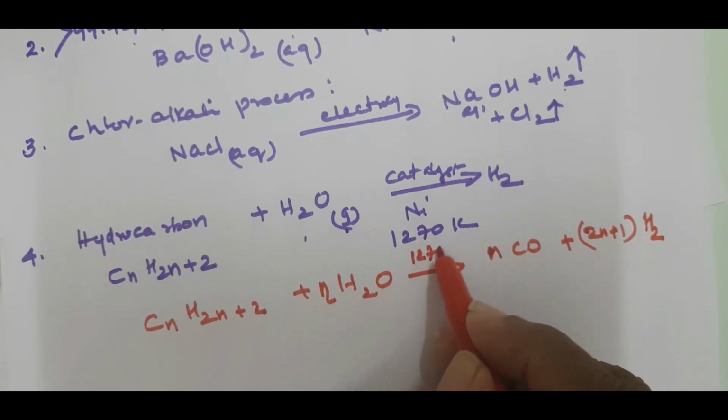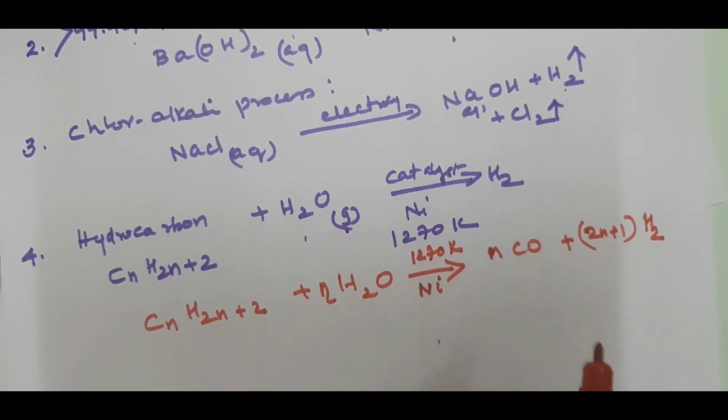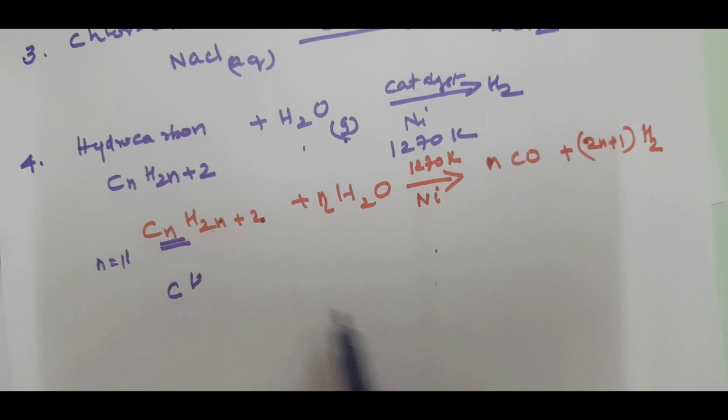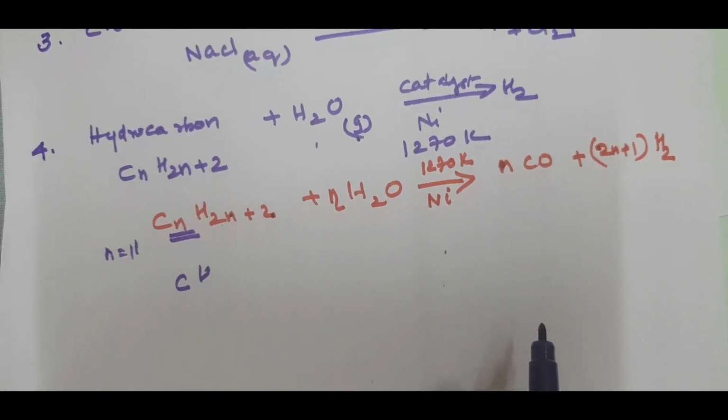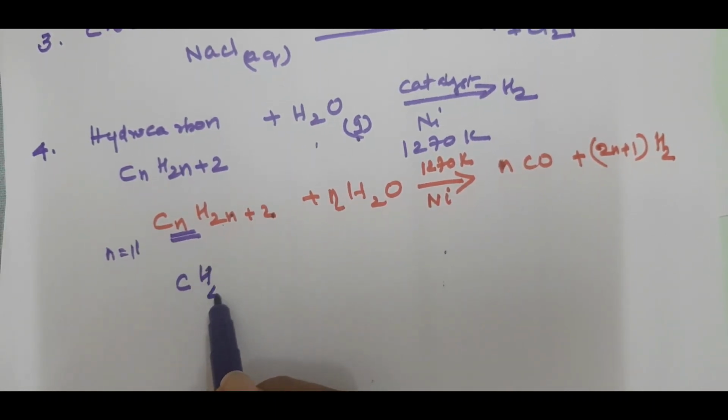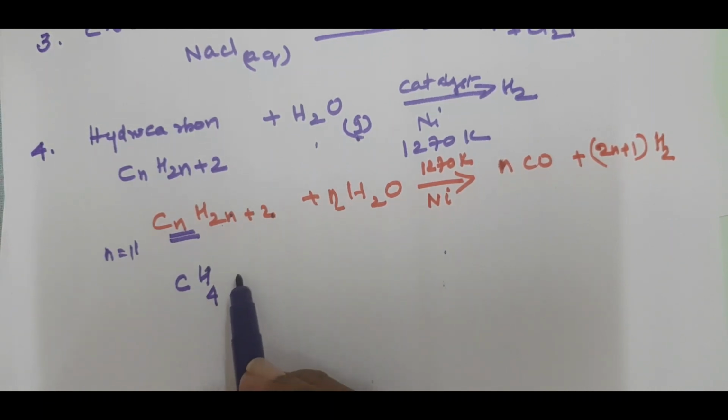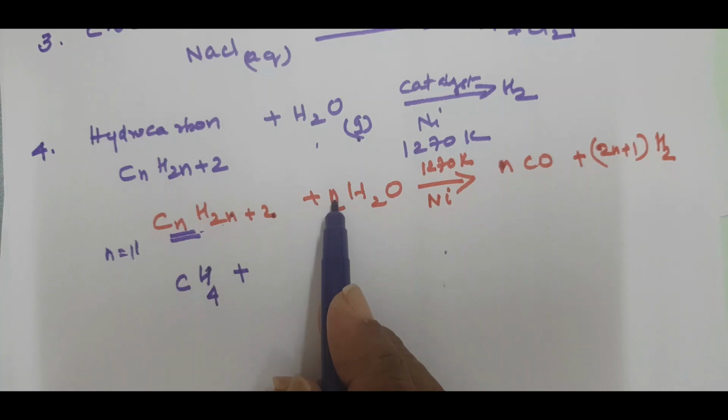Here it is 1270 Kelvin and nickel is used as a catalyst. See what happens. This is a general formula. You take n equal to 1. n equal to 1 means what? C, 2 into 1 is 2, 2 plus 2 is 4, that is CH4. Correct. CH4.